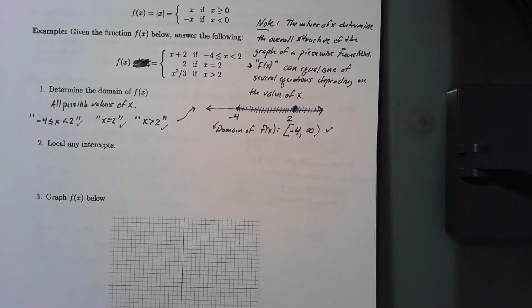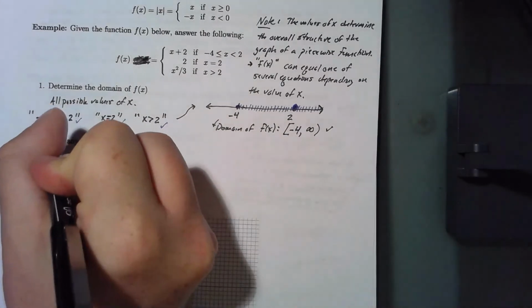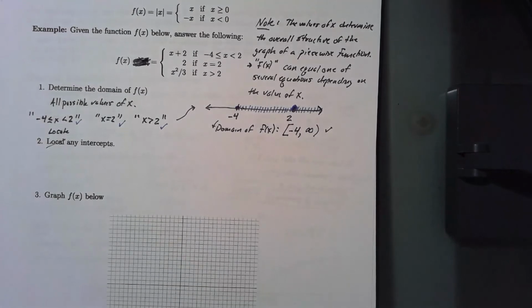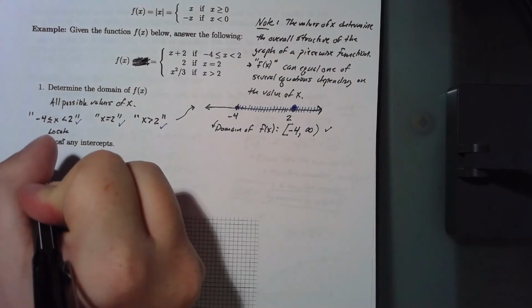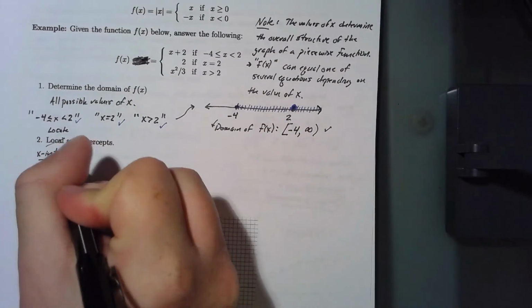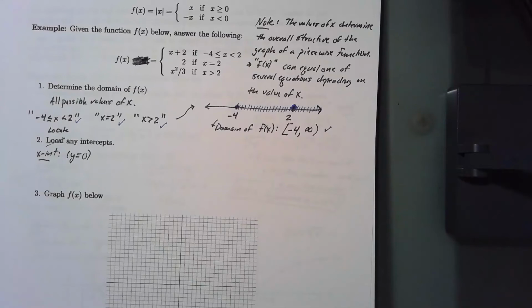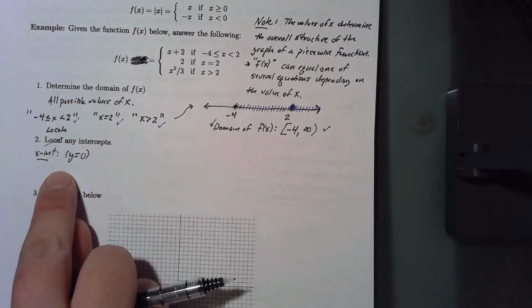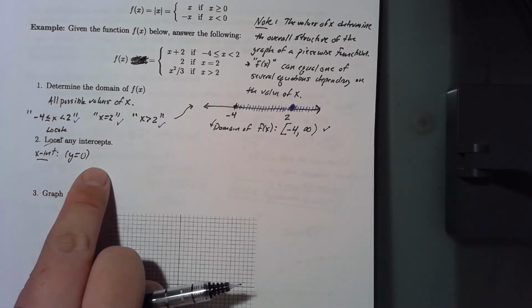Now if I want to locate any intercepts, my x-intercept is when y equals 0. So that means I'm going to set my function equal to 0.